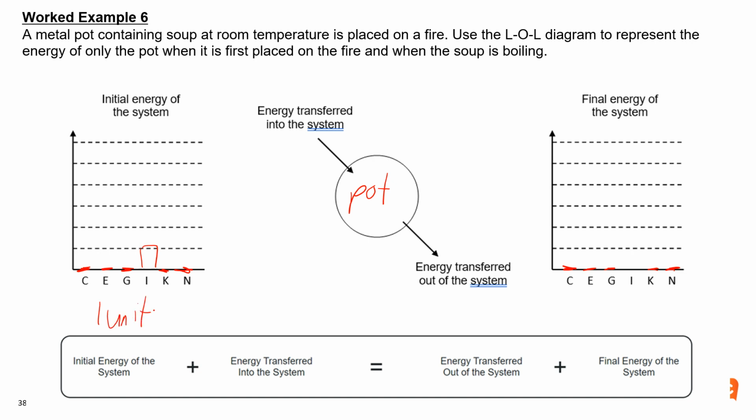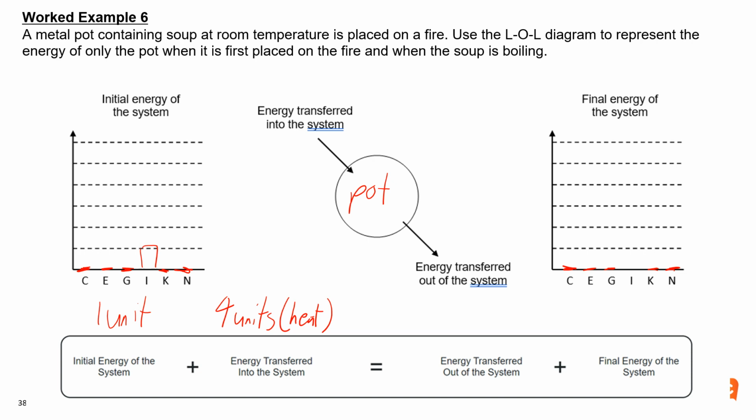It is being heated by an external source, so energy is being transferred into the system through heat. I'm going to put 4 units, but it's really up to you how you want to put the numbers, as long as you have conservation and the trends and logic are sound. Is there energy transfer out of the system?